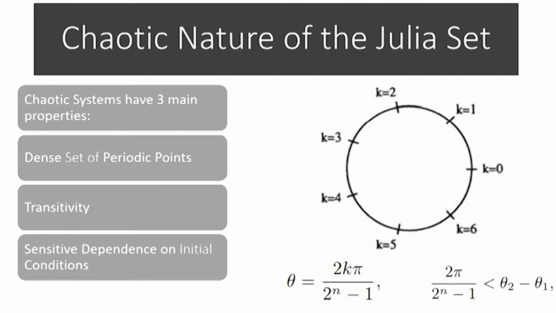Transitivity and sensitive dependence follow in the same suit, since we can use the same equation again. Transitivity follows since every time we increase n, the arc between these expands by a factor of 2, due to the fact that when we square it, we square also the length. If you remember that for the magnitude.